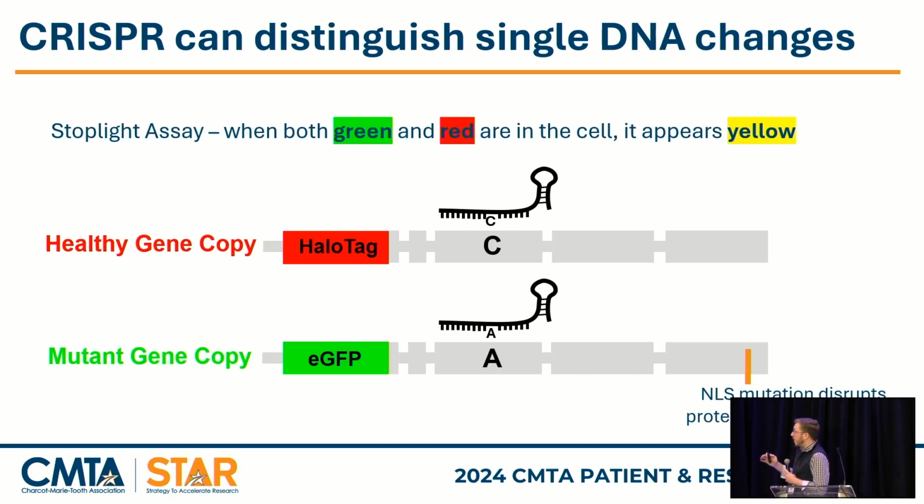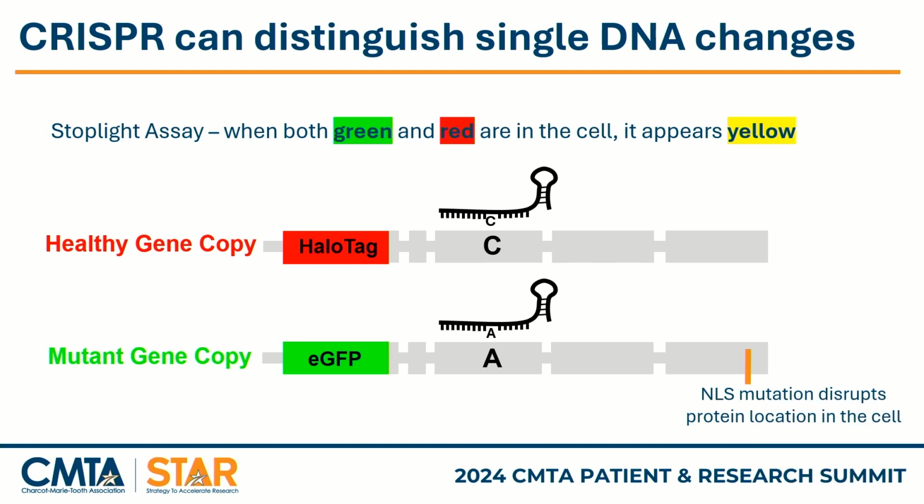And we're using a system which we call a stoplight assay to really engineer and determine how effective this process can be. So in this system, we take the two endogenous copies of a gene, the two copies that are in your genome. We tag one of them with a red protein that we can visualize and the other one with a green protein.